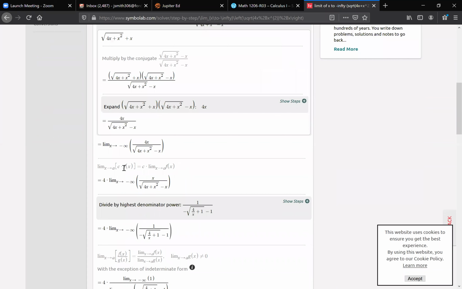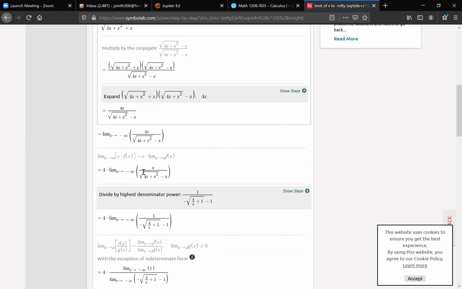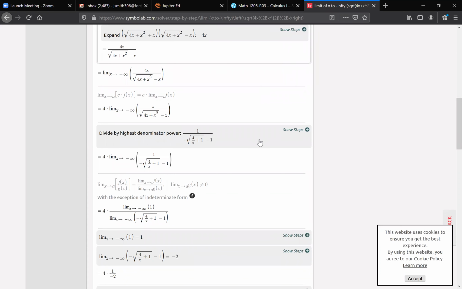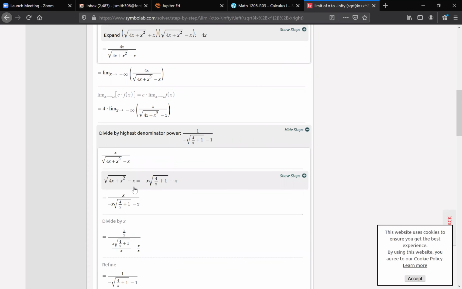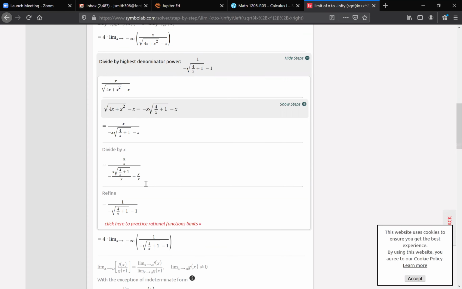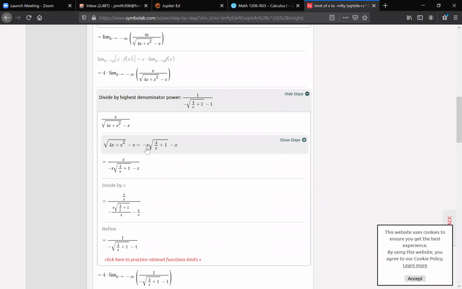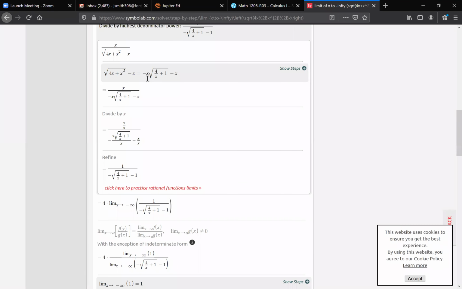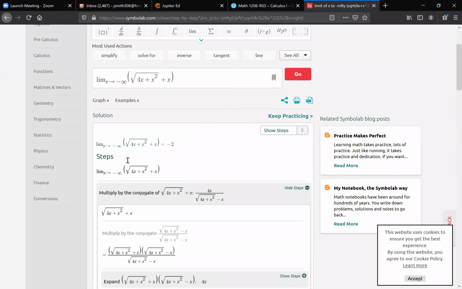And then where does it go? Right. So now here it's factoring out the constant, factors out the 4, and then it factors. So it does the same thing now here where you factor out the x. Now it doesn't really say where the negative x comes from, but hopefully you'd recognize that it's negative here because of the absolute value. So it factors it out, and the computer realized to put negative x because you're approaching negative infinity.